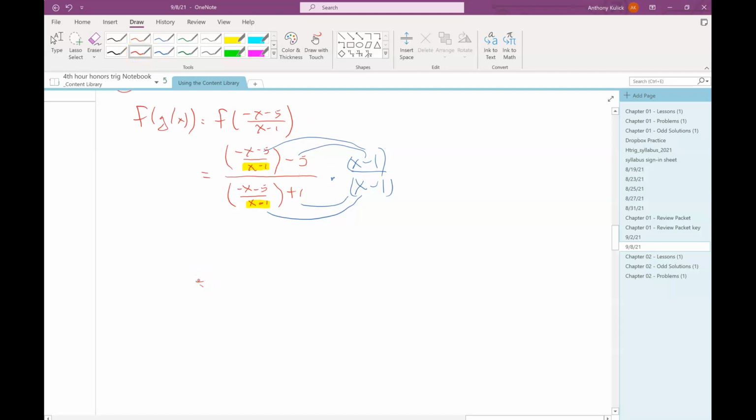So when I multiply the x minus 1 to the fraction on top, I'm left with just -x minus 5. And then I'll multiply it to the -5. And when I multiply it on bottom, again, I get -x minus 5, then 1 times x minus 1. Is that okay?